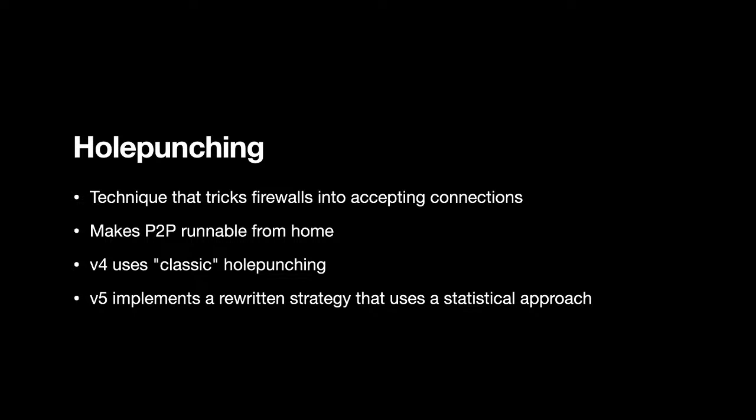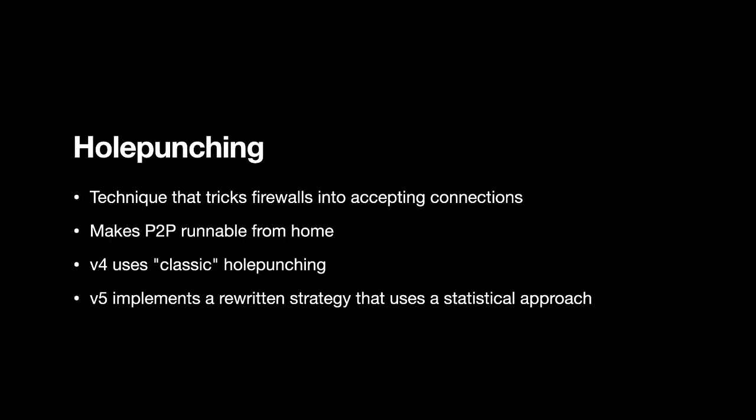In v4, the current deployed version, we're using what's called classic hole punching. Classic here just means that if you've read or watched talks about hole punching from the last 10, 20 years, it's a very simple technique, simple in a good way. It's simple to implement but very powerful for hole punching, and it's been serving us really well.